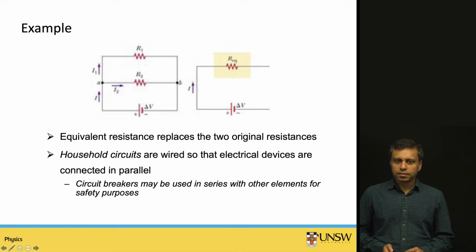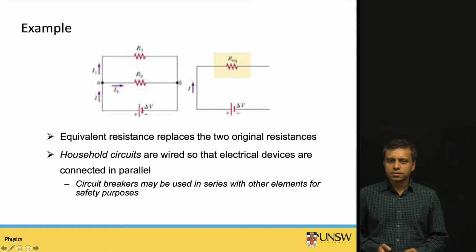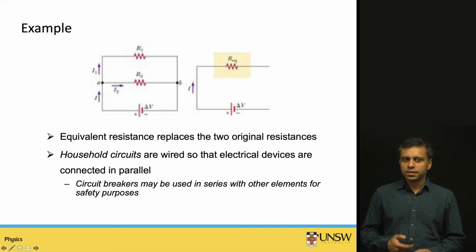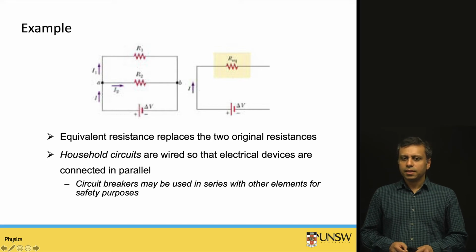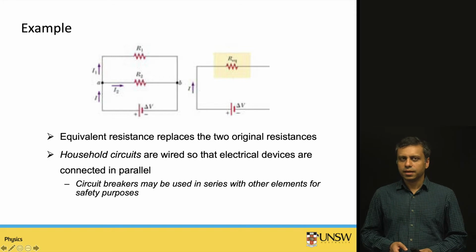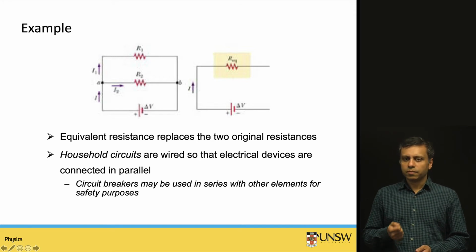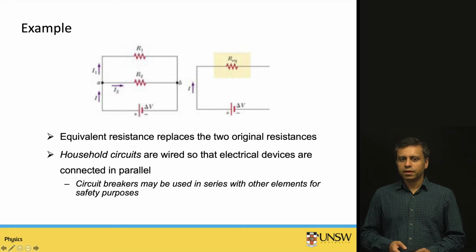The parallel configuration also has an important implication. Most of the devices in households are all connected in parallel. That's because you can switch off one without switching off the other. If they were all connected in series, if you were to switch off one, all the other devices would be switched off because it's the same current flowing through all of them. But now the currents are divided, flowing along different paths.